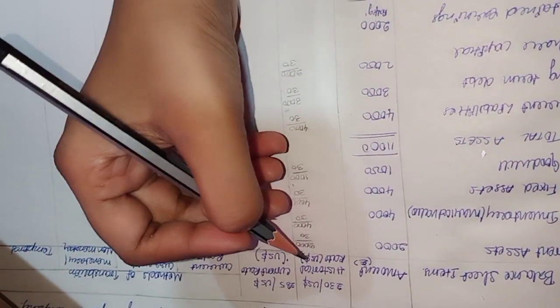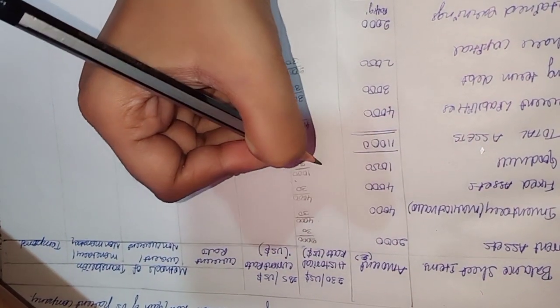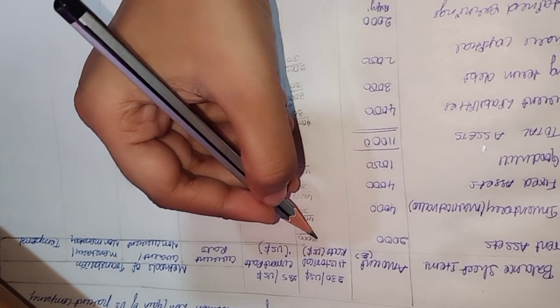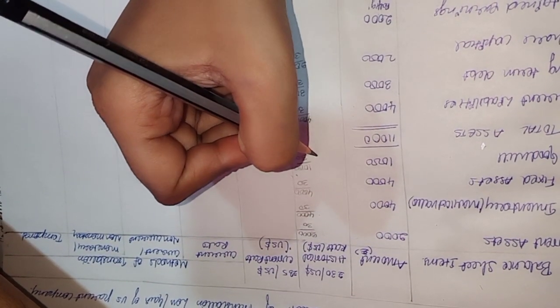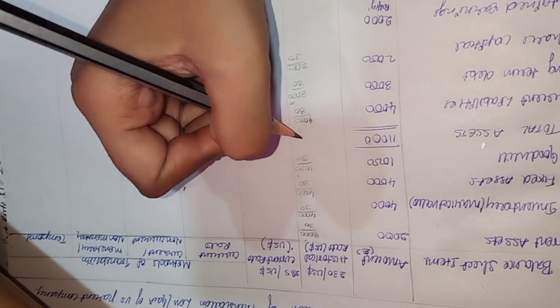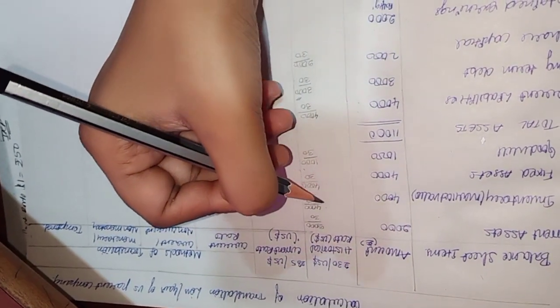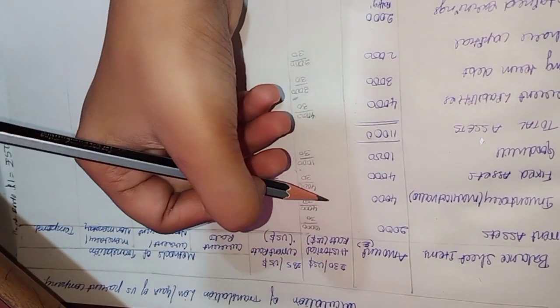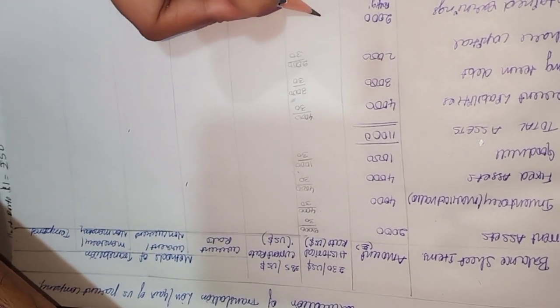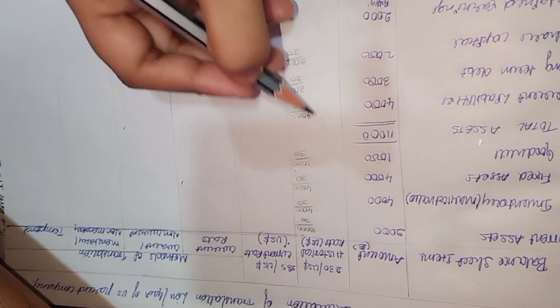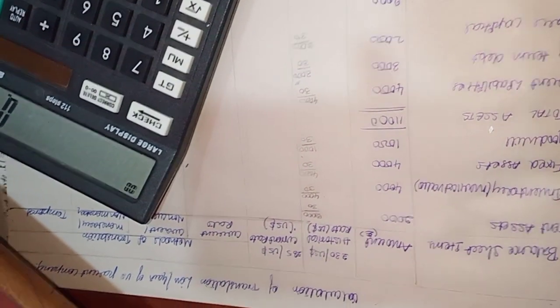Whatever calculations you are doing, total this and write here, and subtract current assets, assets minus liabilities. You are going to get the retained earnings, and write this total here. I will do the calculations and I will show you, girls.